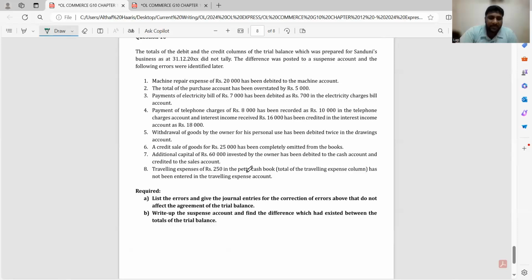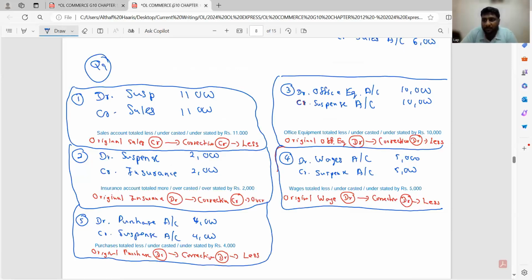List the errors and give the journal entries for correction of errors above that do not affect the agreement of the trial balance. Write up the suspense account and find the difference that existed between the totals of the trial balance. That means they are asking the opening balance. Okay, Farha?